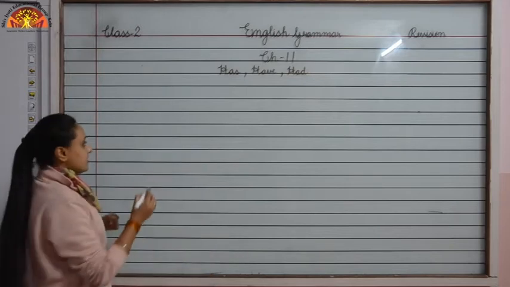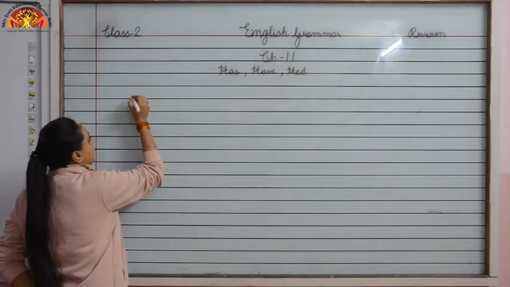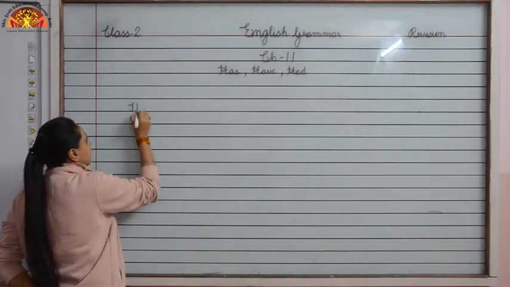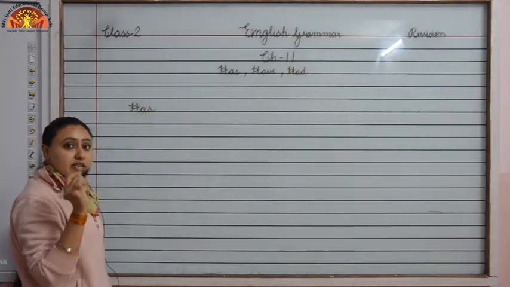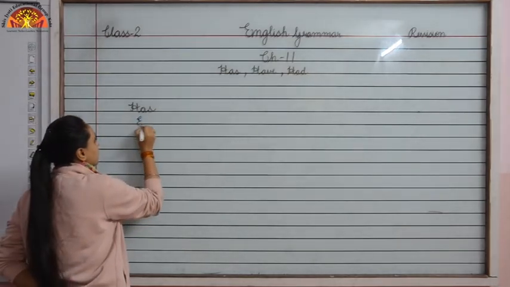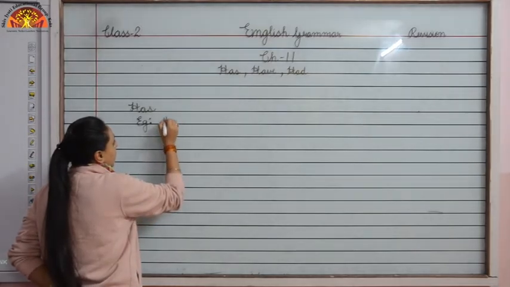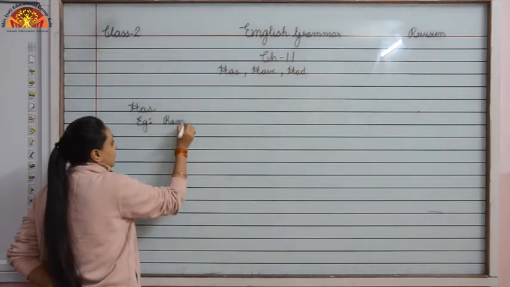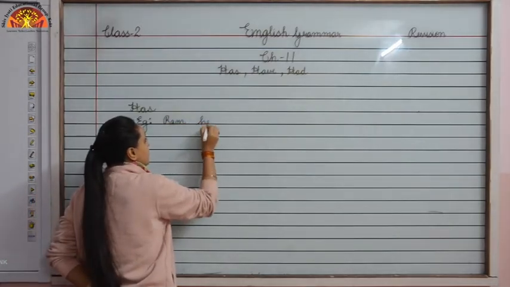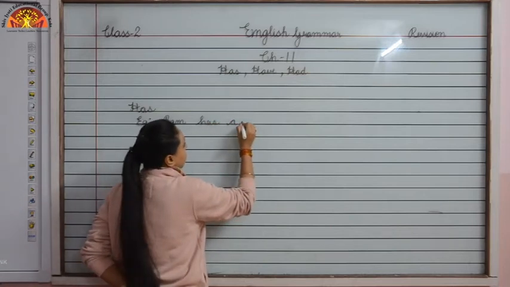Okay. Now let us see example of has first. So example of has, we use has with he, she, it and all singular nouns. Example is: Ram has a notebook.